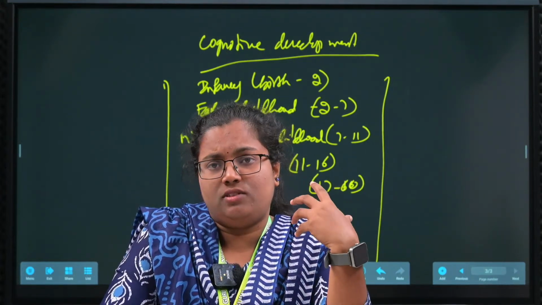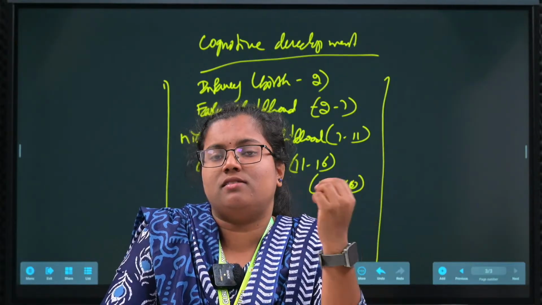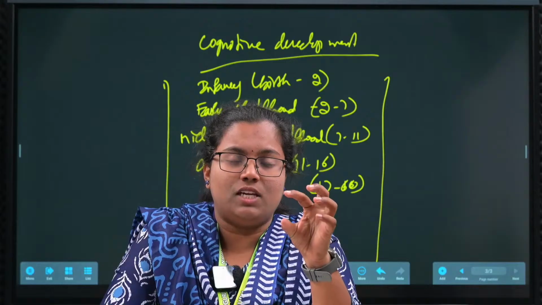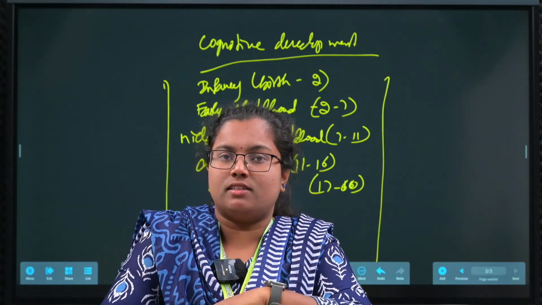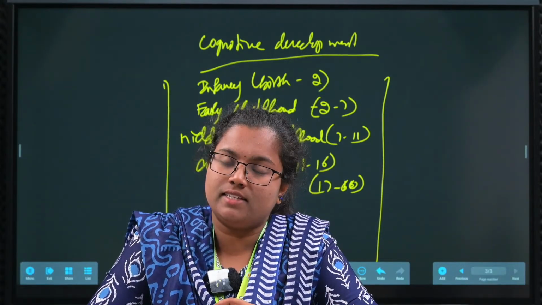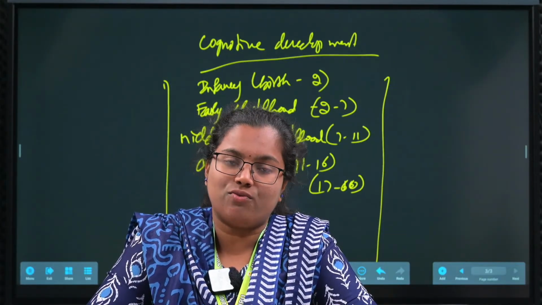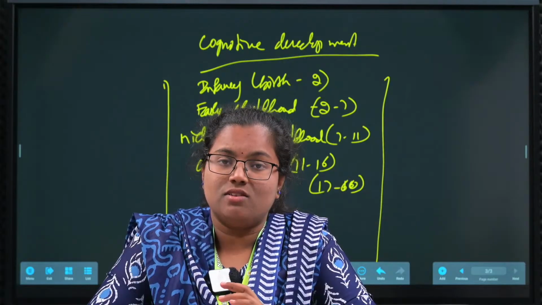They will choose their family responsibilities, they will choose their life partner, and they will be a part of society. In this, they will understand social ethics and social responsibilities. This is about adulthood from 17 years to 60 years.